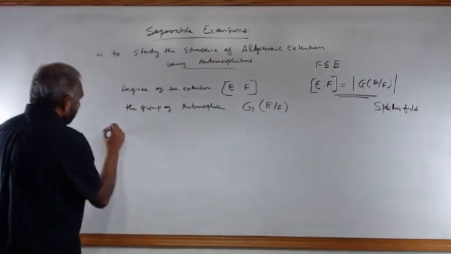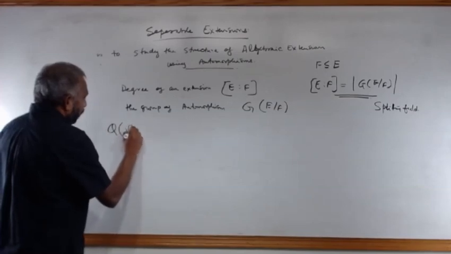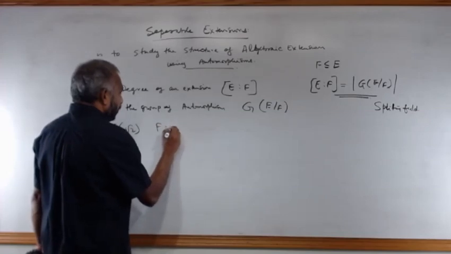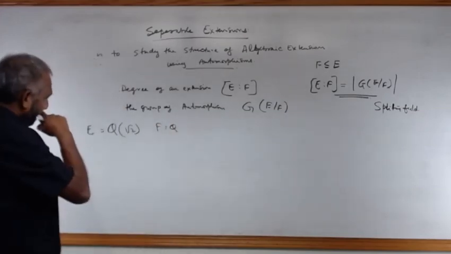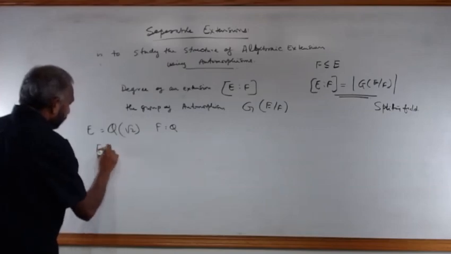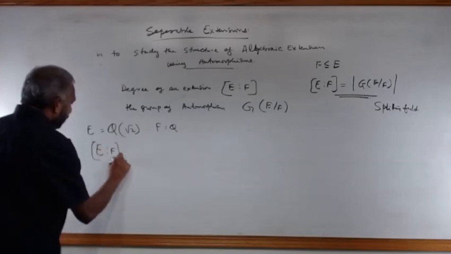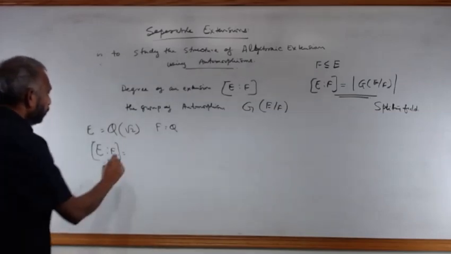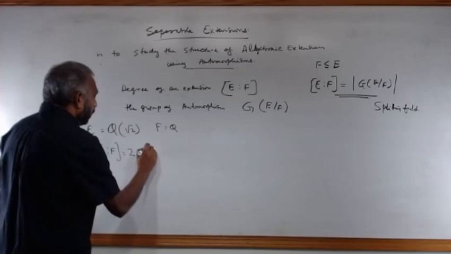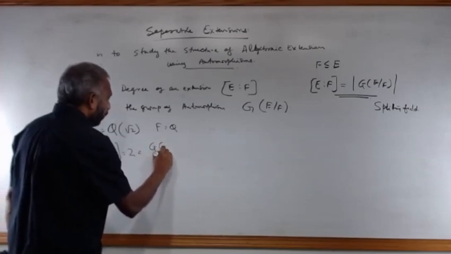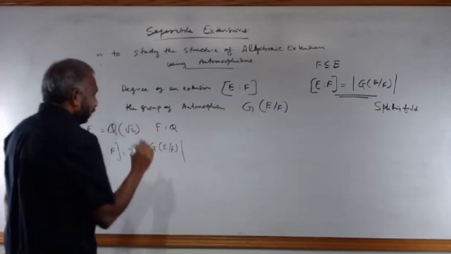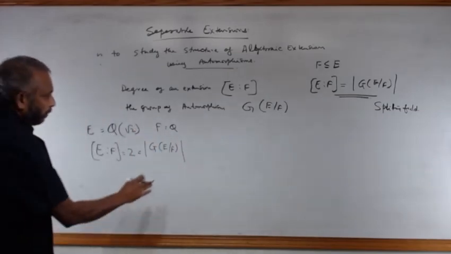So if Q(root 2) is our E and our F is equal to Q, then [E:F] is equal to 2, and that is equal to the order of the group of automorphisms.